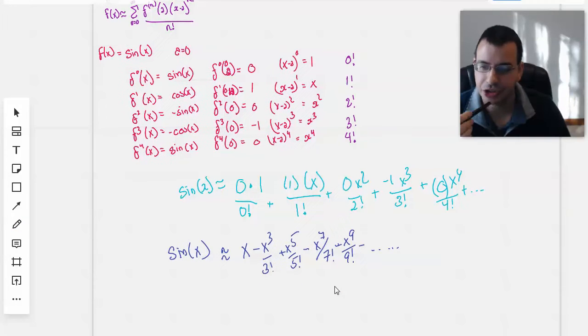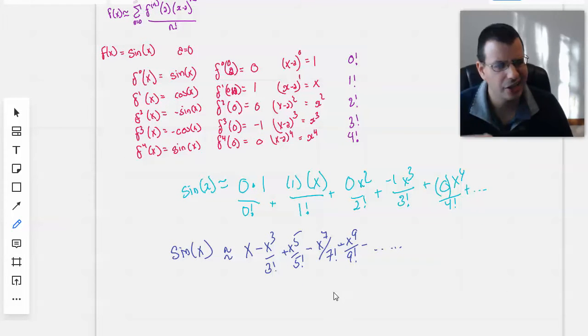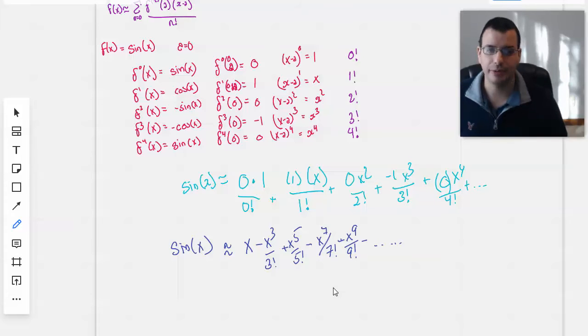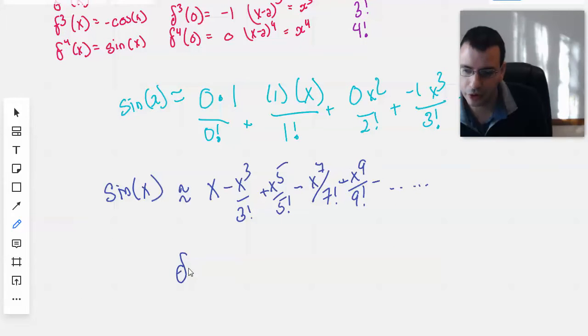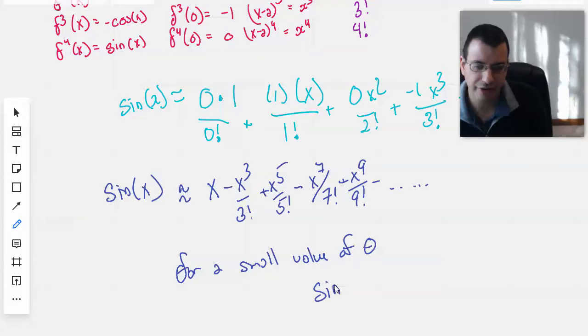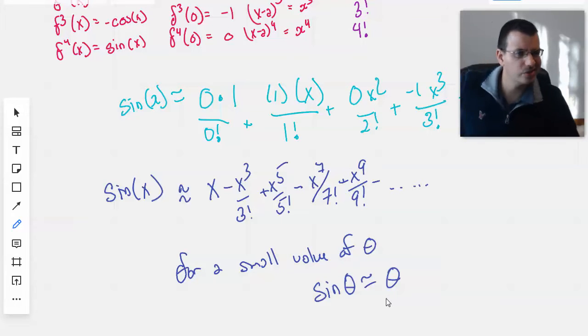And just to show some of the value of this, you've heard of the small angle approximation: for a small value of x, I'll say theta, sine of theta is approximately theta. And you're like, oh, where does that come from? You probably have seen this before.